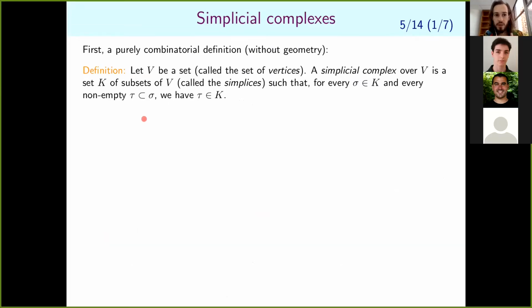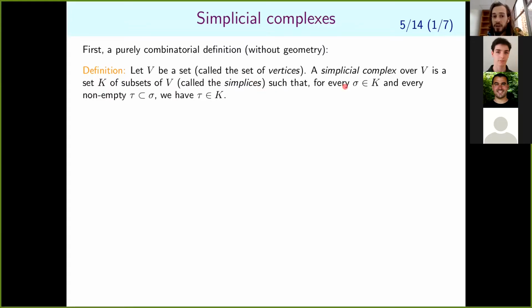combinatorics. I will start by defining a simplicial complex as a combinatorial object as follows. I take V, any set, that I call the set of vertices, and I define a simplicial complex over V as a collection of subsets of V, this collection being called K. The elements of K are called simplices, and I have one axiom.